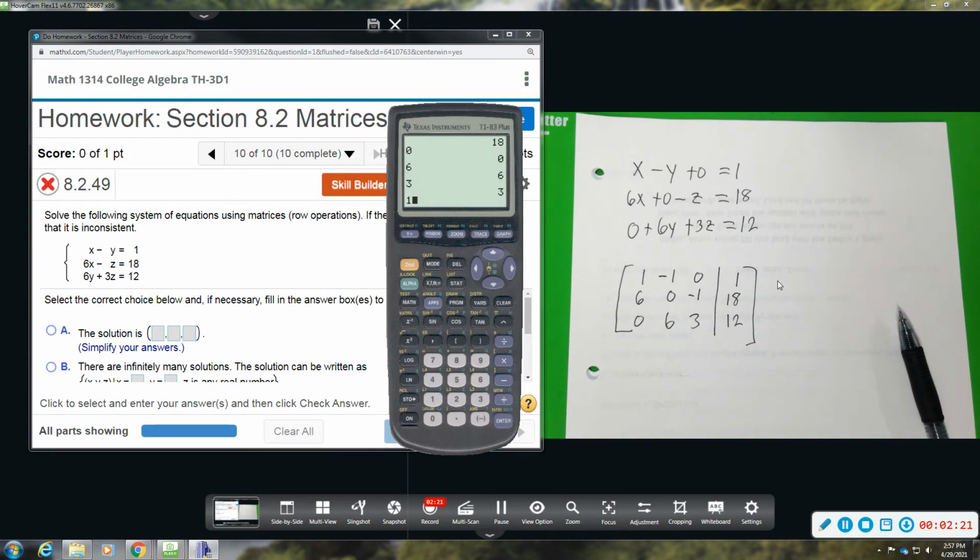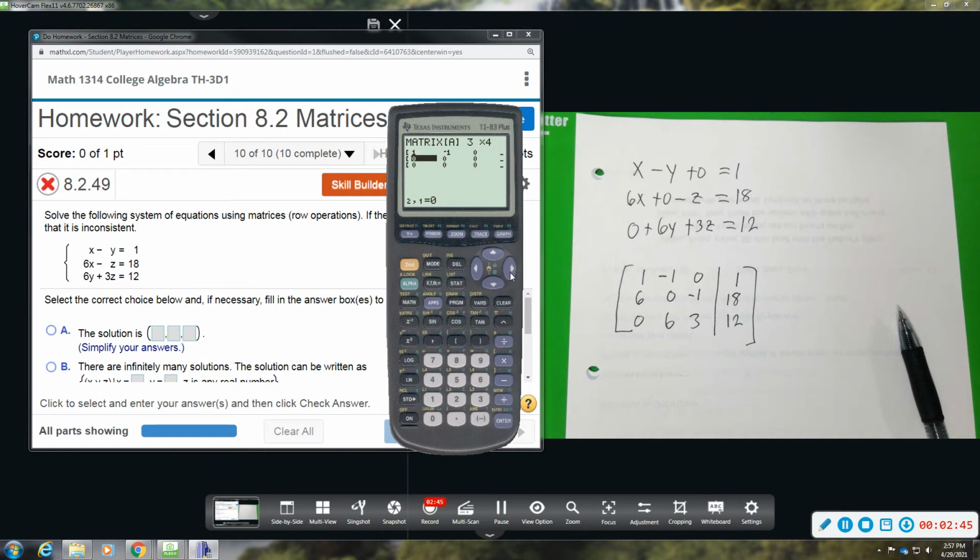3, 12. Uh-oh, I'm not in my matrix. Second matrix, edit, 3 by 4. I don't know what happened there. So I got 1, negative 1, 0, and 1.